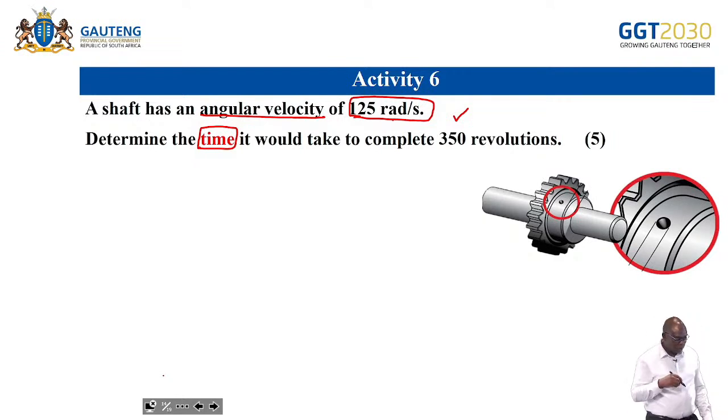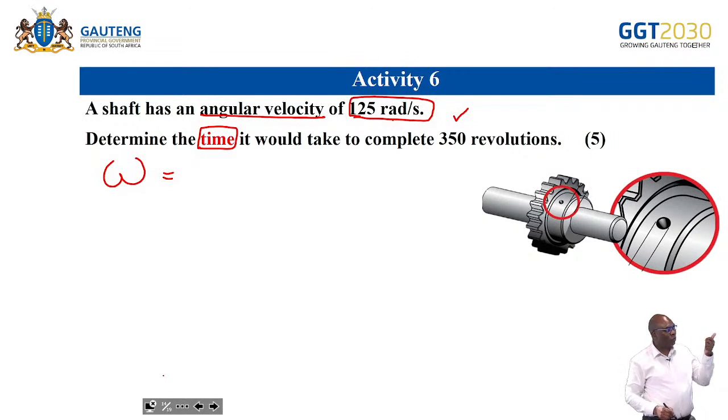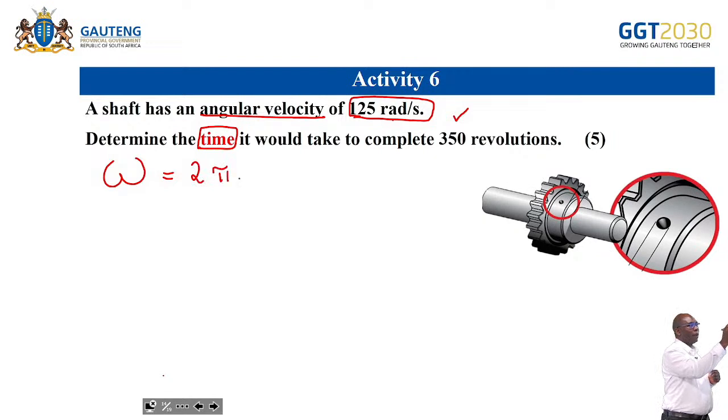The angular velocity was given. So remember the formula for the angular velocity. Remember we have theta over t, of which we don't have an angle, we don't have time here. So if we've got an angle, then we'll be able to do that. So there we have 2 pi multiplied by n. So what are we looking for here? We are looking for n.